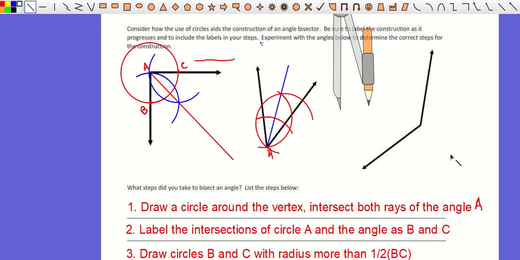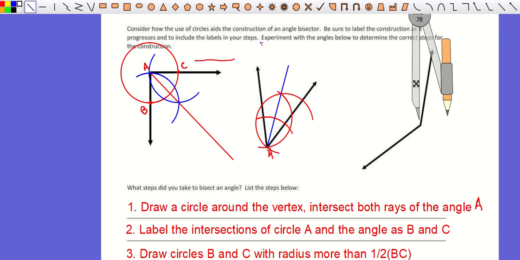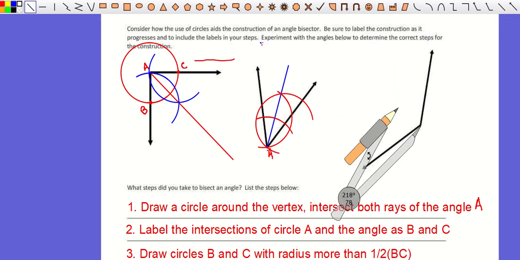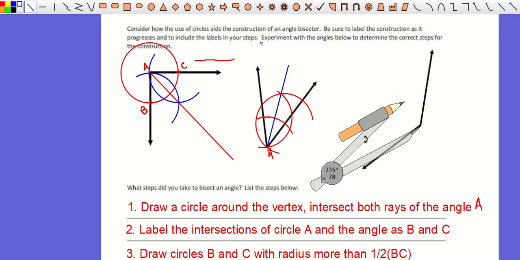Does anyone want to try to use the compass on the screen here and do the angle bisector? Does anyone want to take over my screen and use this compass to make the angle bisector?